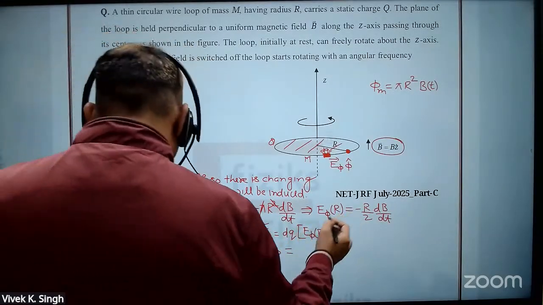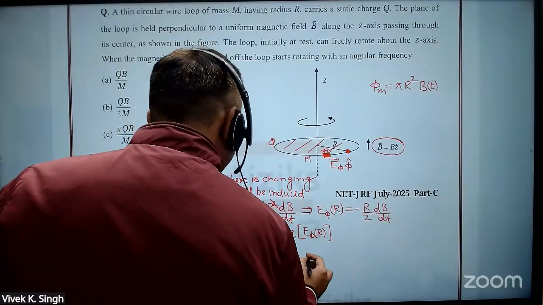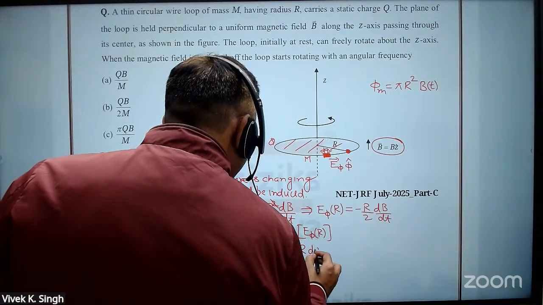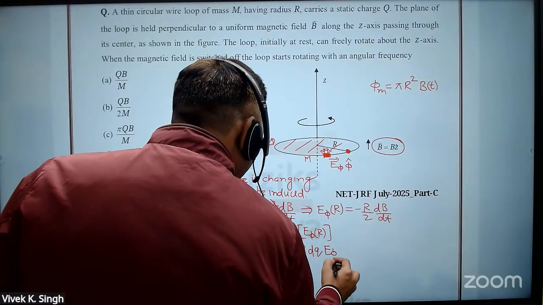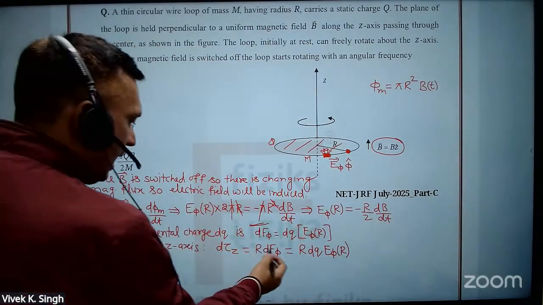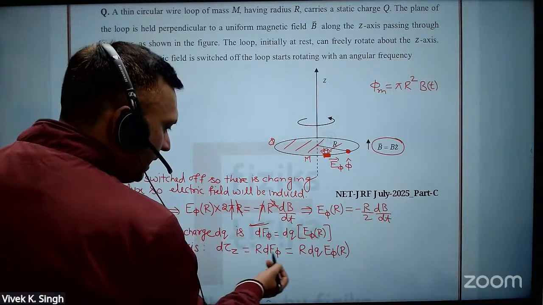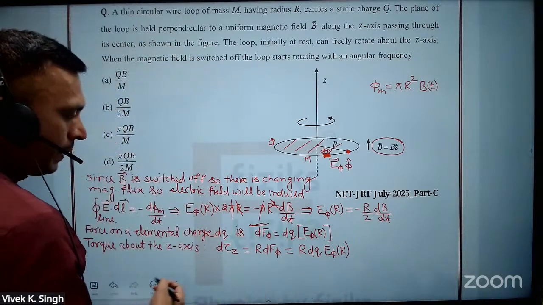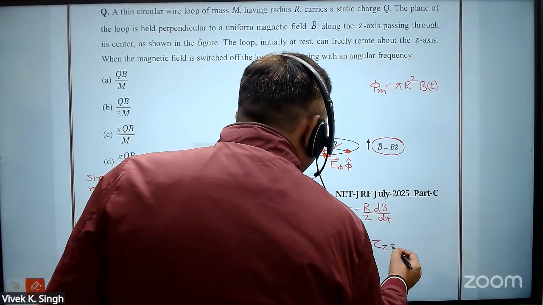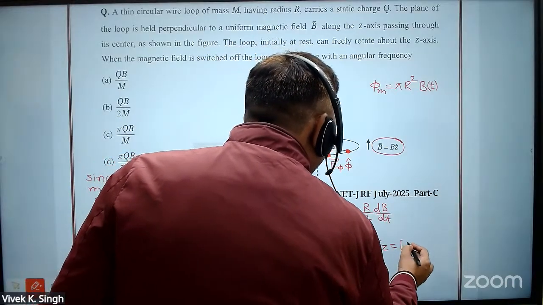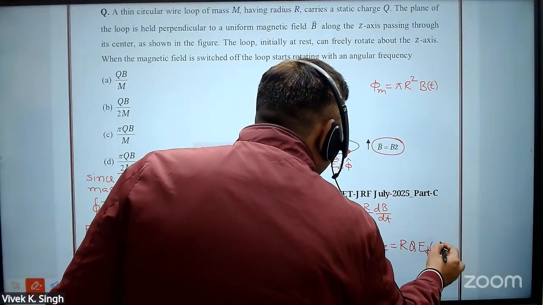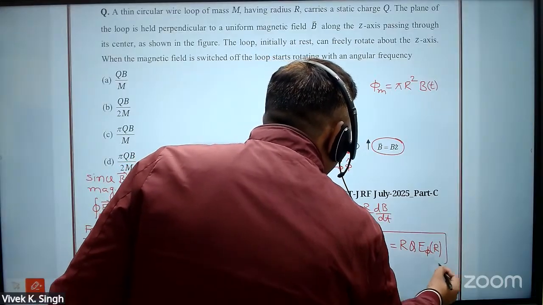If you multiply with r, this is r dq E phi. So the torque about the z axis is r dq E phi. And what will be the total torque on all charges? That will be given simply by r q E phi, where q is the total charge.